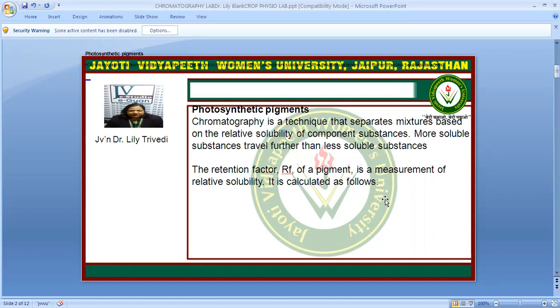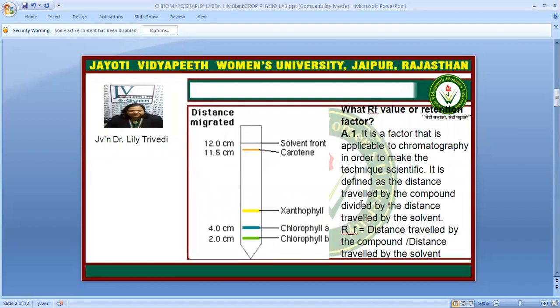Now chromatography is a technique that separates a mixture based on the relative solubility of component substances. The more soluble a substance is, the farther it will travel. So the retention factor of a pigment is measured on the basis of relative solubility and it can be calculated as follows: the distance traveled by a compound divided by the distance traveled by the solvent.